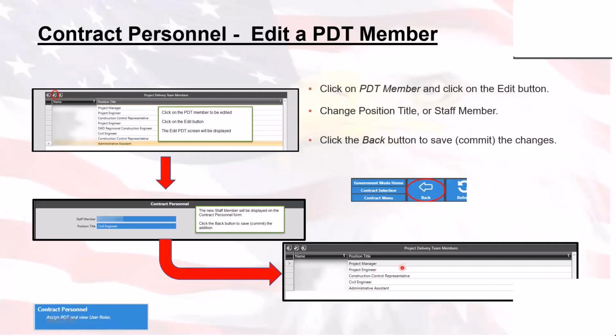This also helps other people who look at the contract, whether or not they're higher in rank than you, or even if it's just us here at the RMS Support Center. A lot of times we'll get somebody asking, hey, for this contract, I need to contact somebody who works on this contract. So, not everybody goes in here and sets up the contract personnel on each one of these contracts, but it's real helpful if you take the time to do that.